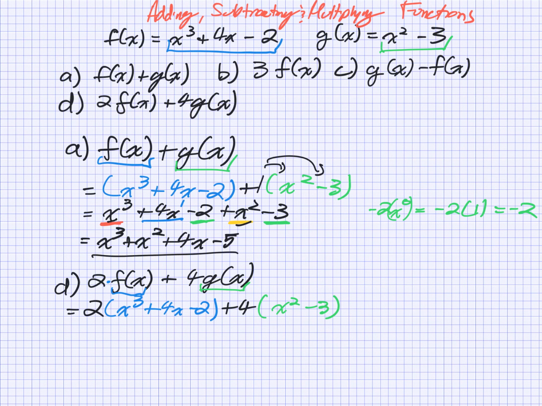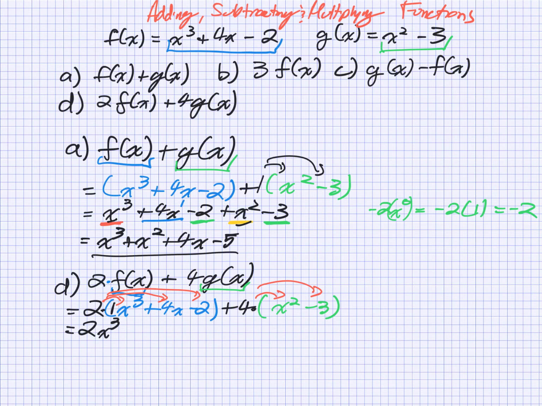What's different this time around is that we have a number in front of both sets of brackets that we need to distribute. And when you distribute, that means you need to multiply that number by each of the terms in the brackets. So the next line is going to expand a lot of stuff. 2 times x cubed. Think of x cubed as having the coefficient of 1. Well, 2 times 1 just gives us 2. So we have 2x cubed.